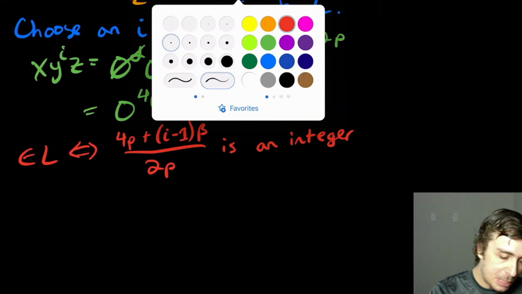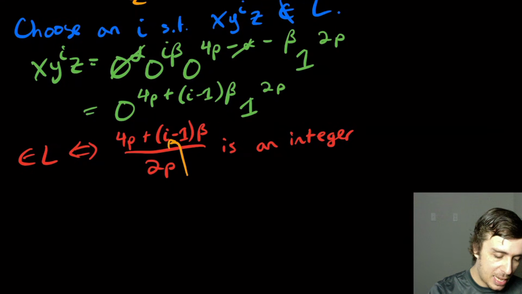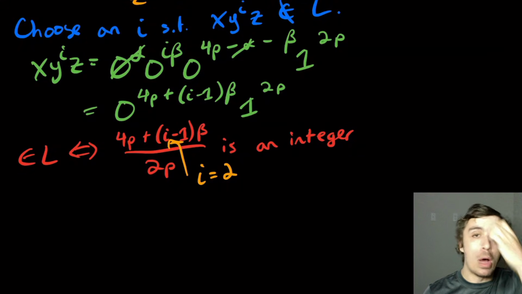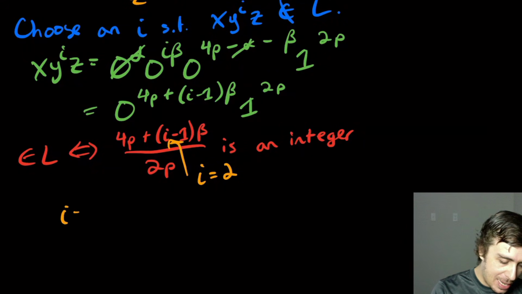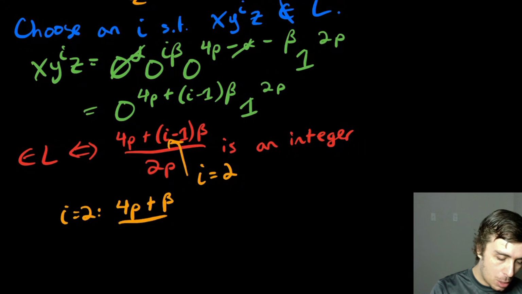So let's actually substitute a value in. Let's say I equal to 2. We can't put 1 because that's what the original string was, and that's in the language, so we can't prove it's not in the language if we choose I equal 1. So let's look at I equal to 2. So that's (4p plus beta) over 2p.